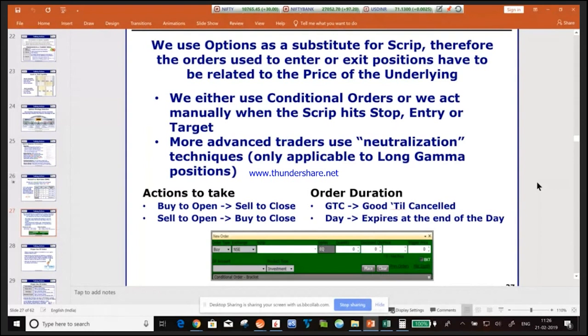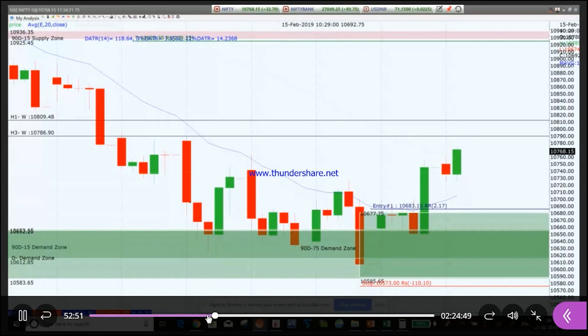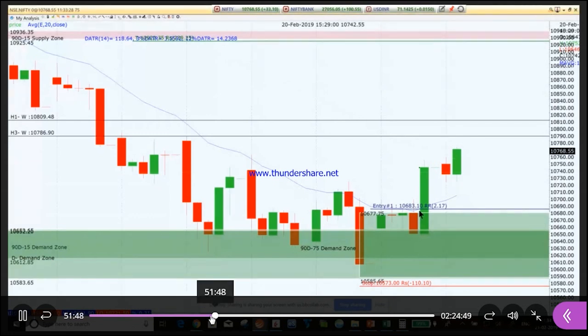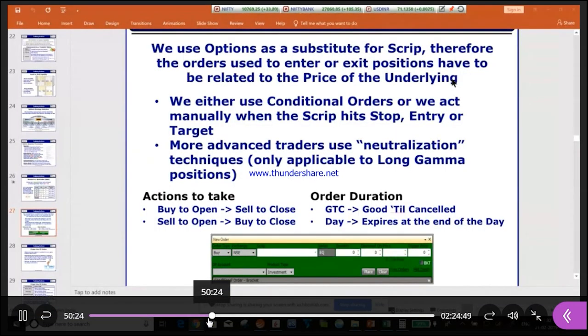Therefore, the orders used to enter or exit options have to be related to the price of the underlying. We either use conditional orders or we act manually when the script hits stop.